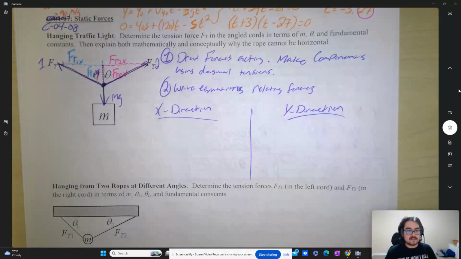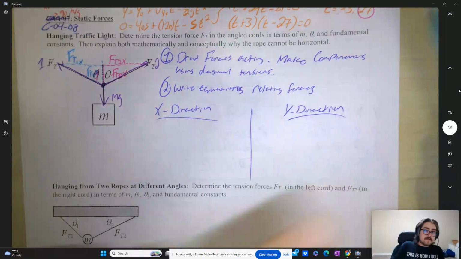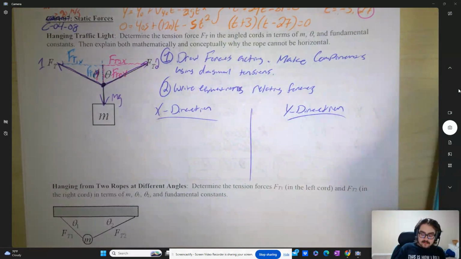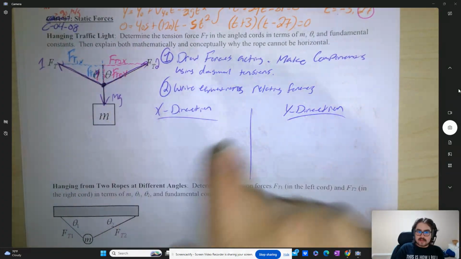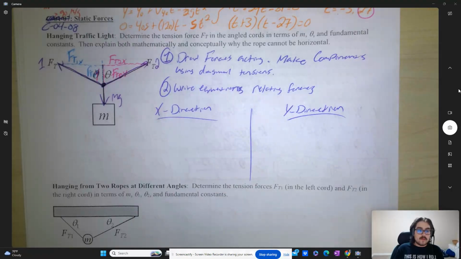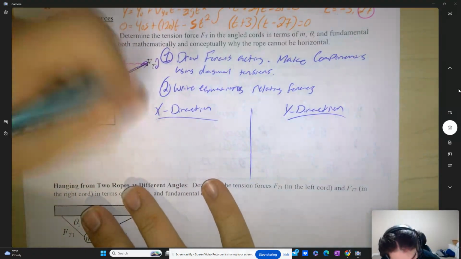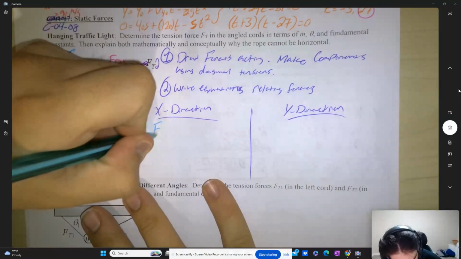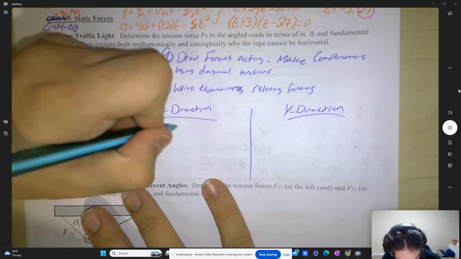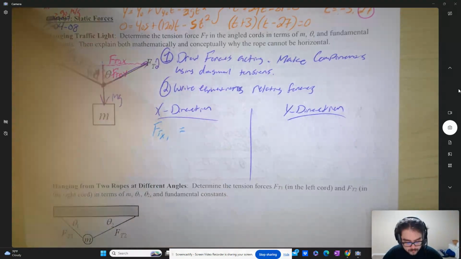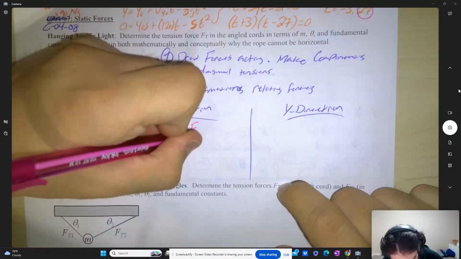Gosh, I am really messing up on these symbols right now. Then we should be able to say that the x components should cancel each other out, because the net force on the whole thing should be zero, because it's not accelerating anywhere. So in the x direction, the x component of tension 1 should be equal to the x component of tension 2.